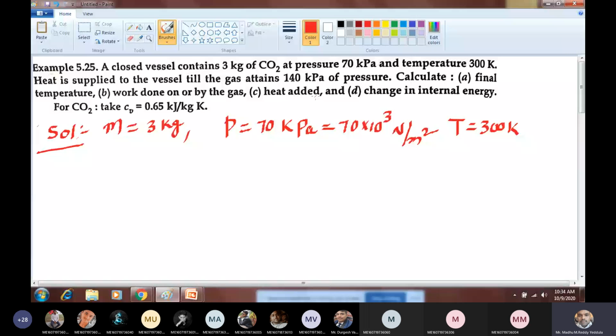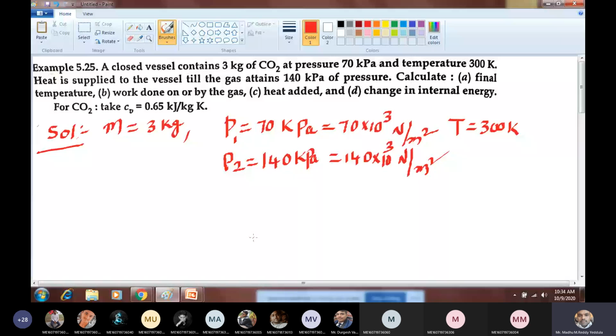Means P1 is 70 and P2 is 140 kilopascal, so 140 into 10 power 3 Newton per meter square.